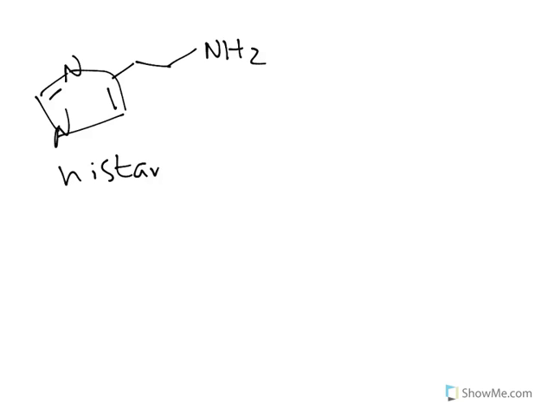Other ones that are out there, histamine. Histamine is not technically an alkaloid. I don't think it comes from plants. It is expressed in our nervous system and other places in the body. And it's most famous for being active in allergic responses.